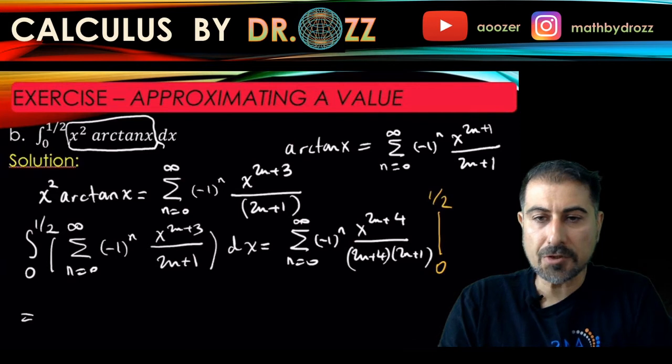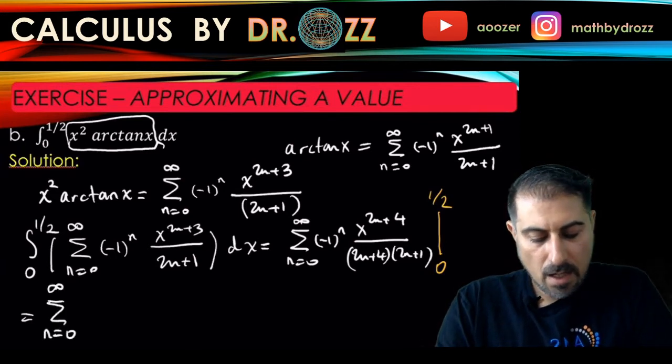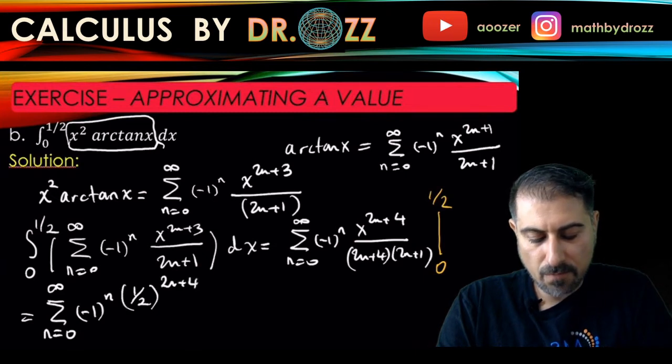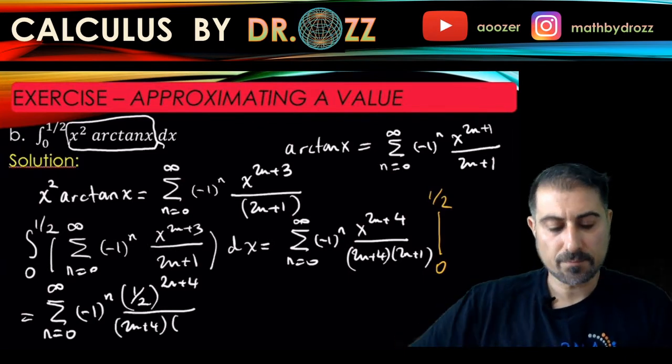for x. So let's just rewrite that infinite series again. Minus 1 to the n, 1/2 to the power of 2n plus 4, and the same bottom.